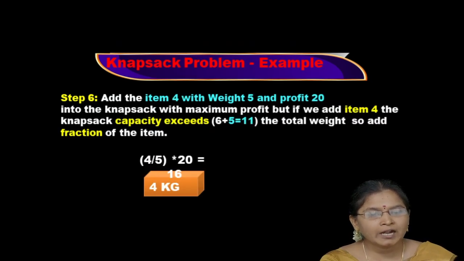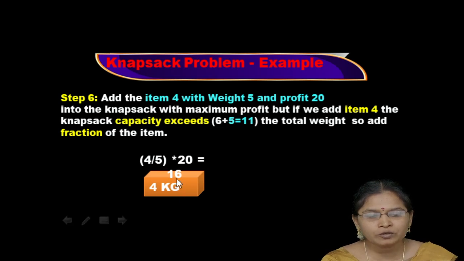Next, add item 4 with the weight of 5 and profit of 20 into the knapsack. But adding this item will result in the knapsack capacity being exceeded. Already we have the weight as 6, so adding this will result in 11. So we have to add the fractional part of item 4.